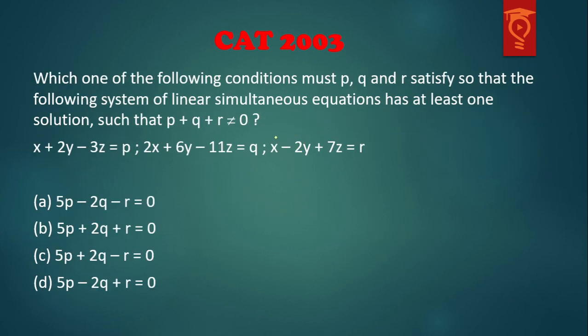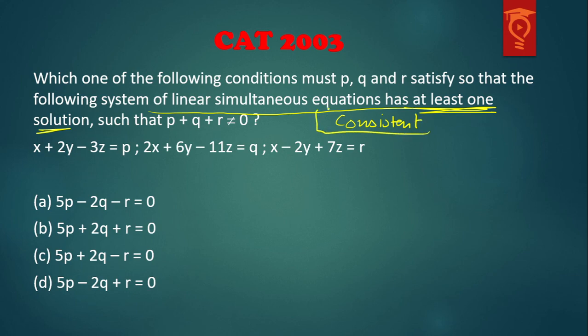Okay, this also you would understand by watching our video, and our students already know that by saying that the system of linear simultaneous equations has at least one solution, what they mean is that the equations are consistent, and if the equations are consistent, they will work together.